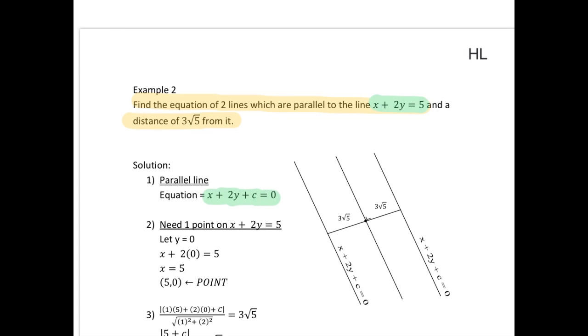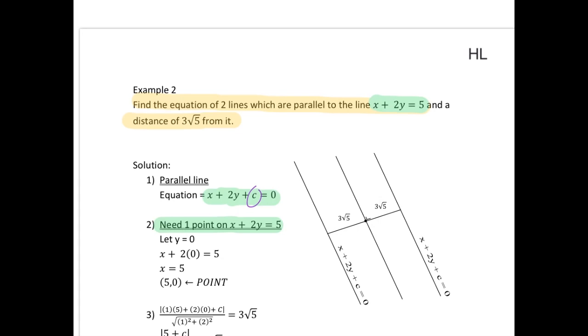The first thing we need to do is to find one point on the line x plus 2y equals 5, and then we can just set our distance 3 root 5 from that point to find the various values of c that will give us the two lines we need.